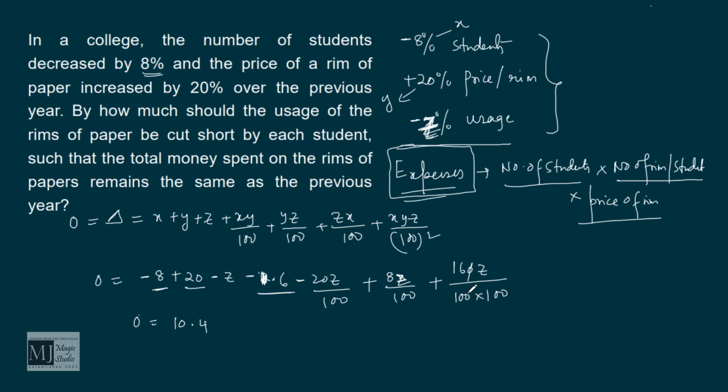Okay, so we have 1.6 by 100, 8 by 100, and then 20 by 100. So if by 100 I am considering minus z, by 100 it would be minus 20 plus 8 plus 1.6. So 8 and 1.6 is 9.6, minus 20 plus 9.6 will give us minus 10.4 again.